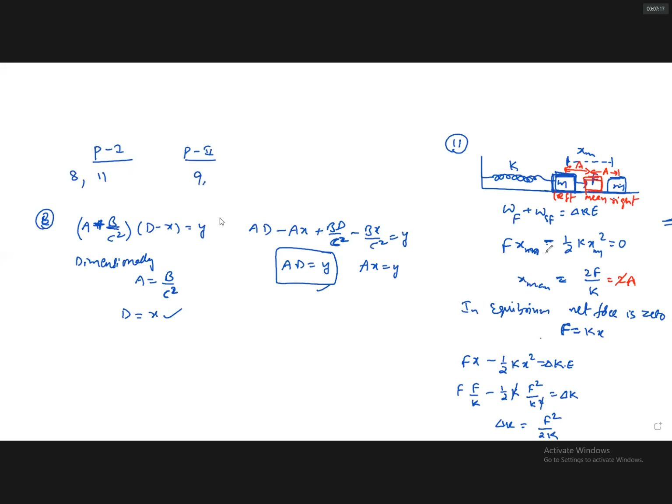Therefore, the time period of oscillation, F is equal to minus Kx. So in equilibrium, restoring force is provided by that spring force. And time period of oscillation of that spring block system, we get it as 2 pi root over m by k for small oscillations.